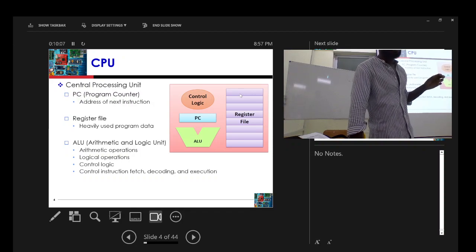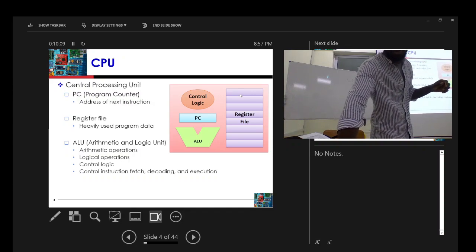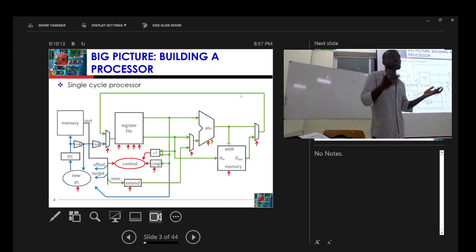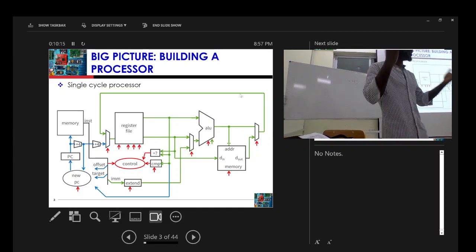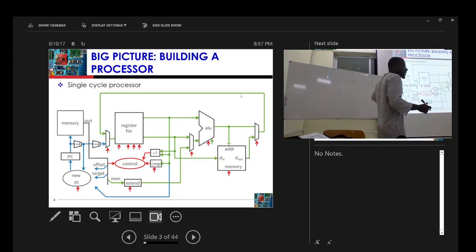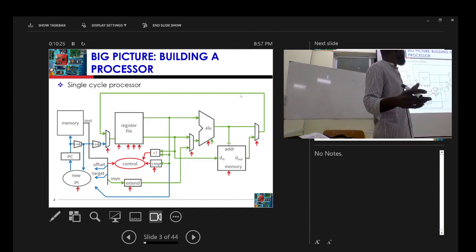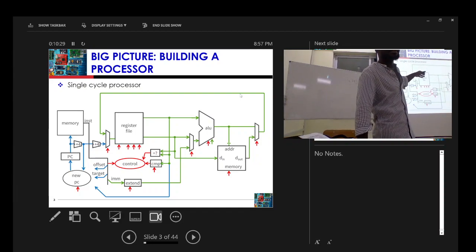Program counter, right? So now, once you write your C code, your C code will get translated to assembly language, and then you need an assembler to convert that assembly language to machine code, right? The machine code will have to be stored somewhere. Where does it store those codes within this architecture?